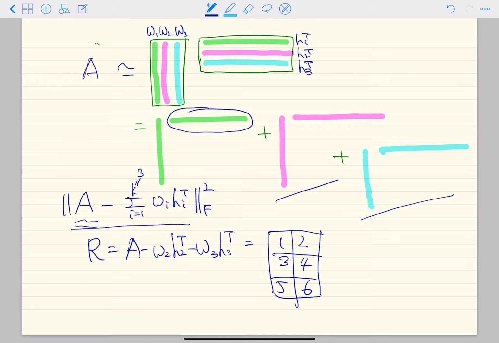This is just an example of remainder R. And by the way, this remainder R can possibly have some negative values as well, in case the corresponding elements of these two may be larger than the corresponding element of A, right? So this matrix R involves negative components as well.